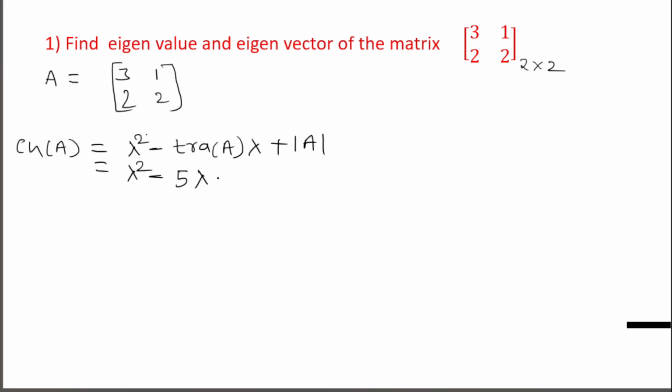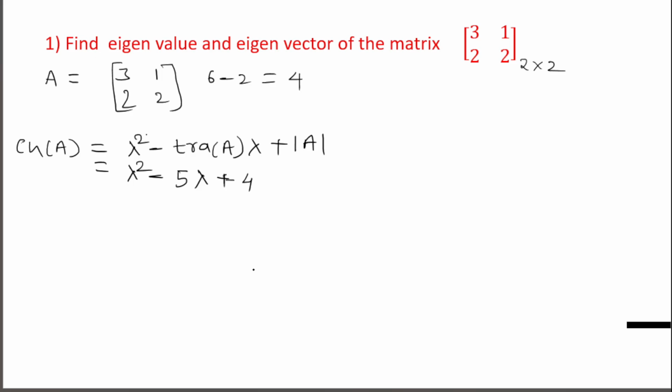And next, determinant of the matrix. Determinant of this matrix is 3 into 2, that is 6, minus 2 into 1, that is 2. 6 minus 2 is equal to 4. This matrix determinant is 4. This is the characteristic equation of the matrix: lambda square minus 5 lambda plus 4.